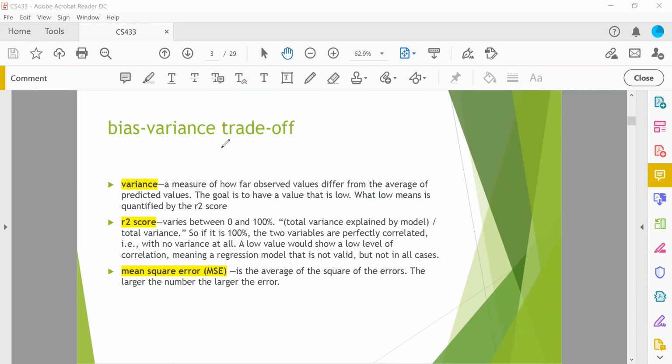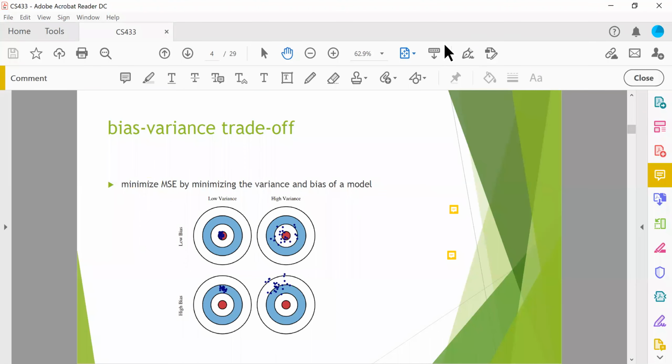Okay, so that's the bias and the variance. Here we discuss how we try to find some trade-off. So what does that mean? Let's take a look. Here we have this trade-off discussion. So what's the best? This is kind of like a target. You try to minimize mean square error by minimizing both the variance and the bias of the model.